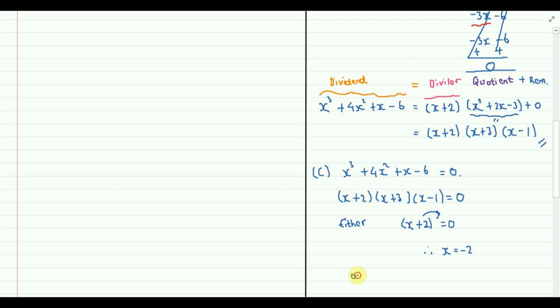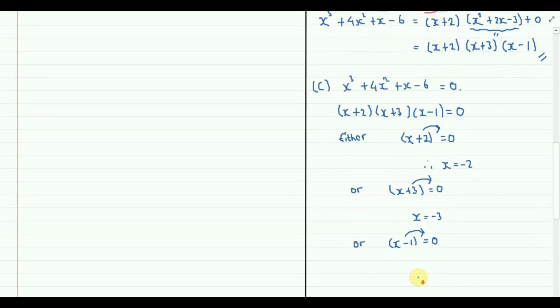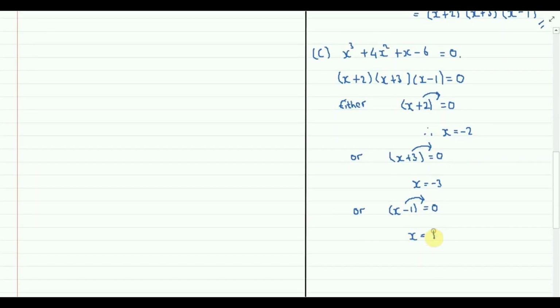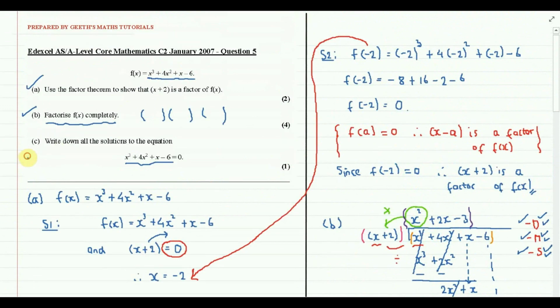Or the second term, which reads x plus 3 is equal to 0, and if I take the plus 3 to the other side, x therefore is minus 3. Or the third term, x minus 1 is equal to 0, and if I take the minus 1 to the right hand side, x is equal to plus 1. So here are the 3 solutions. Here are the values of x, the values being minus 2, minus 3 and plus 1. So that should be the outcome of part C.